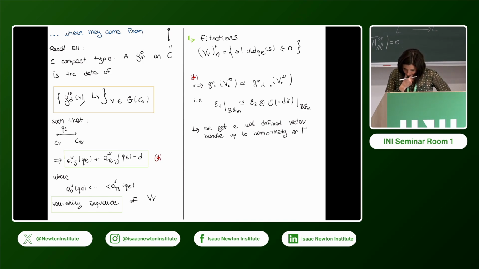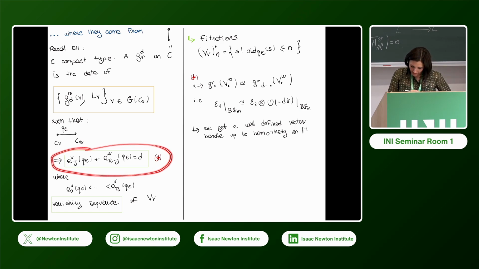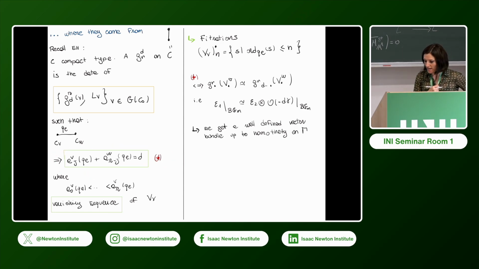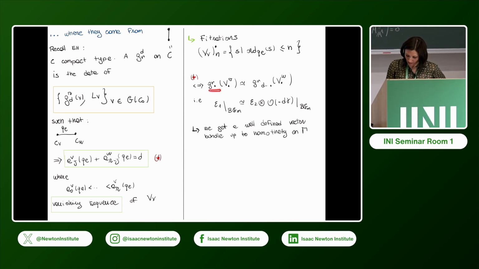And then, if I go and see what the linear series condition means, it means the following. When I look at the associated graded of these two filtrations defined by the order of vanishing on the component CB and on the component CW, they agree up to reversing the order and shifting by d.